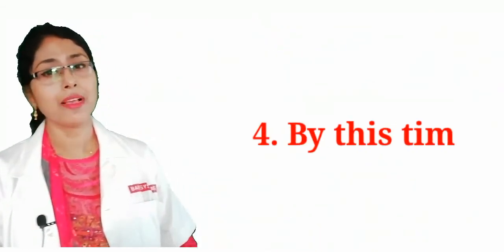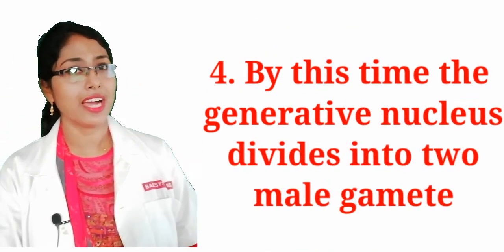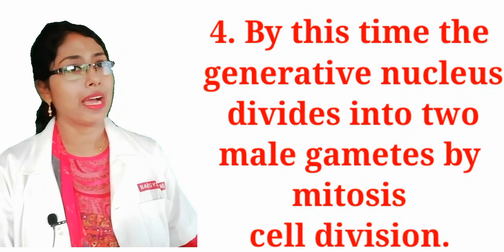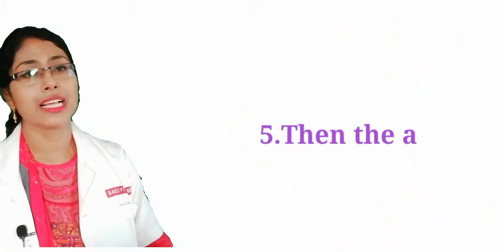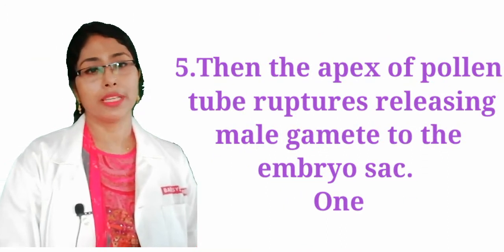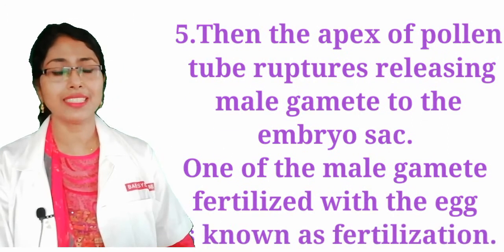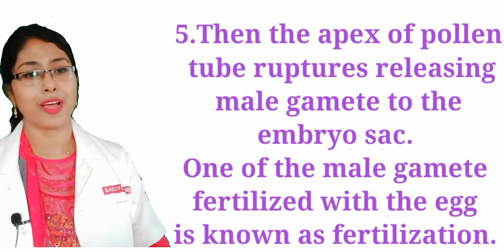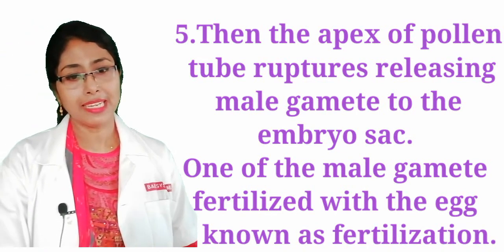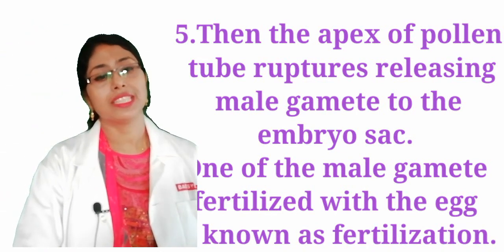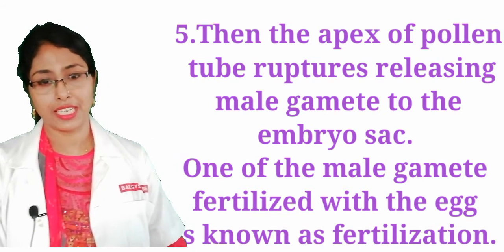By this time, the generative nucleus divides into two male gametes by mitotic cell division. Then the apex of the pollen tube ruptures, releasing male gametes into the embryo sac. One of the male gametes fuses with the egg, which is known as fertilization.